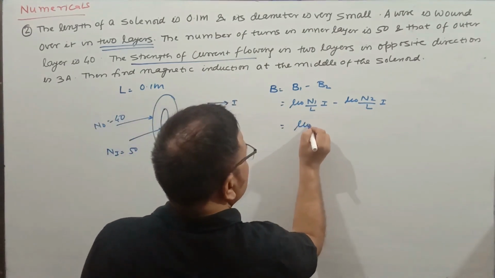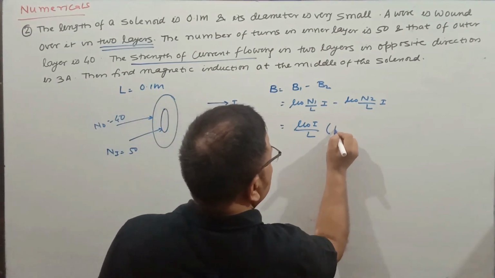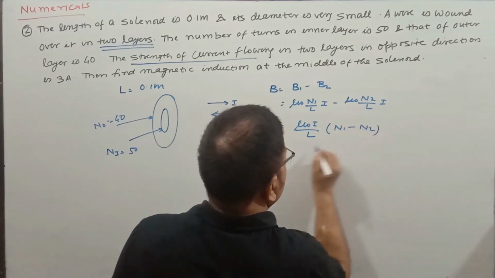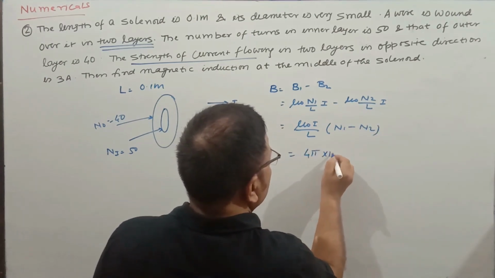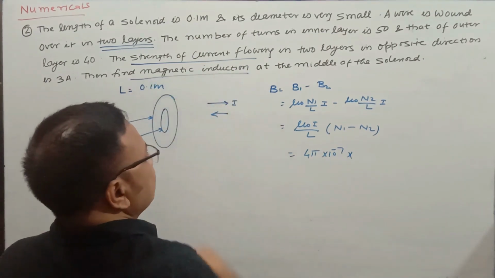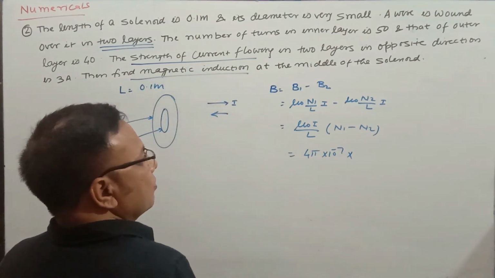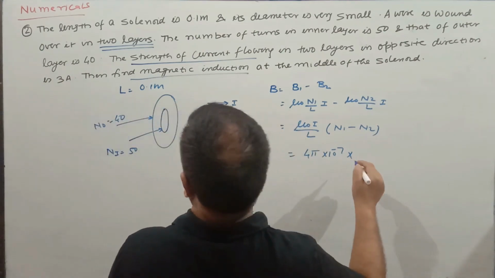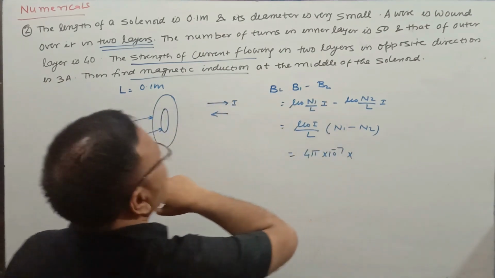So it is mu naught I by L times N1 minus N2. Mu naught is 4 pi into 10 to the power minus 7, and we have to find the magnetic induction at the middle of the solenoid. I is given as 3 ampere.